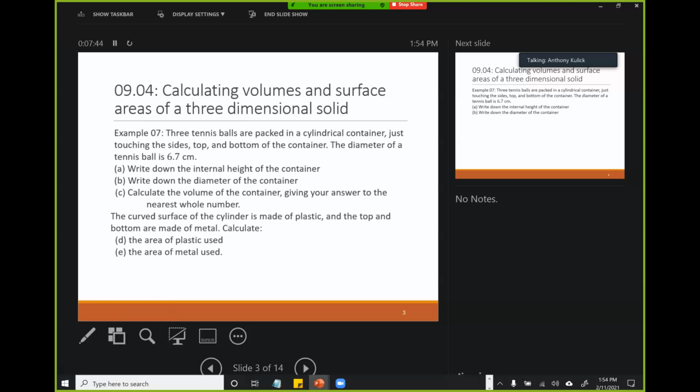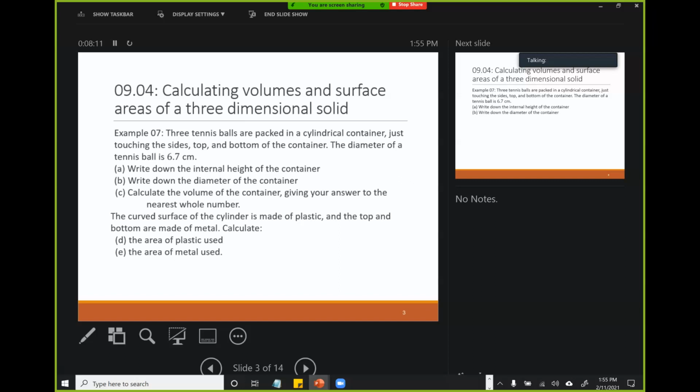Let's do some examples. 3 tennis balls are packed in a cylindrical container, just touching the sides, top, and bottom of the container. The diameter of a tennis ball is 6.7 centimeters. Write down the internal height of the container, the diameter of the container, calculate the volume of the container, giving your answer rounded to the nearest whole number.